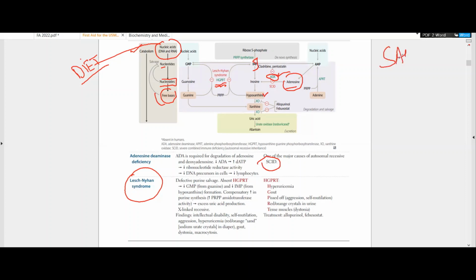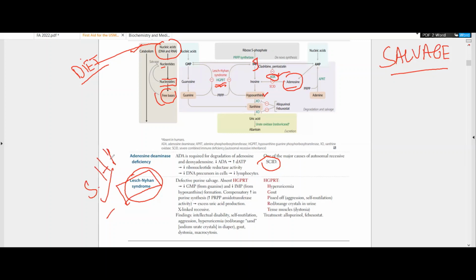The salvage pathway is the formation of nucleotides from preformed bases. Hypoxanthine is a base and guanine is a base. The conversion of hypoxanthine into inosine monophosphate is catalyzed by the HGPRT enzyme, which is deficient in Lesch-Nyhan syndrome. Again, Lesch-Nyhan syndrome is super high yield stuff.